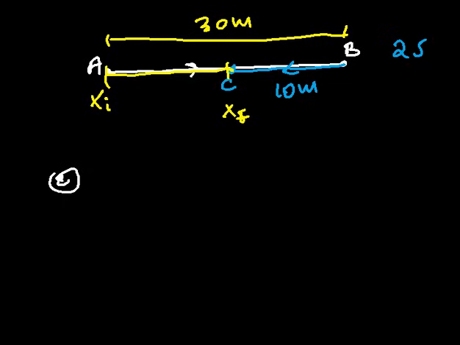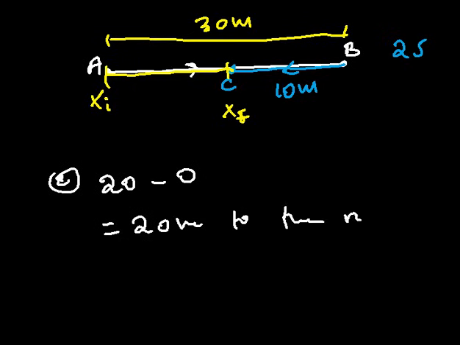If you subtract 10 from 30, the final position is 20, and the initial position is 0. Therefore, the displacement is 20 meters to the right.